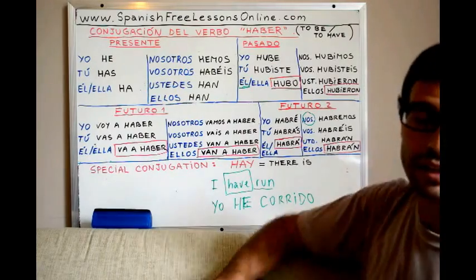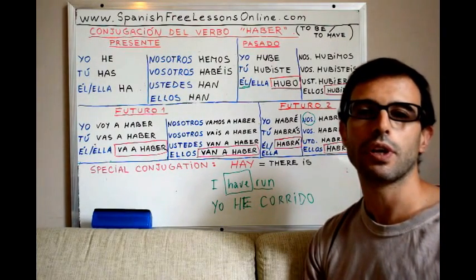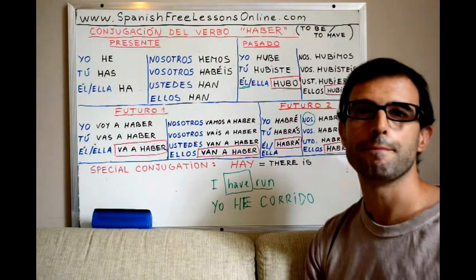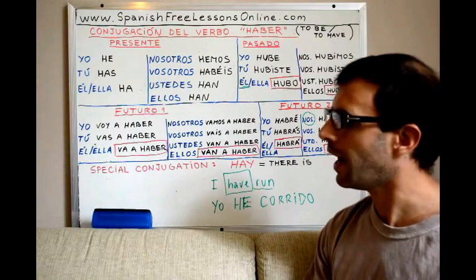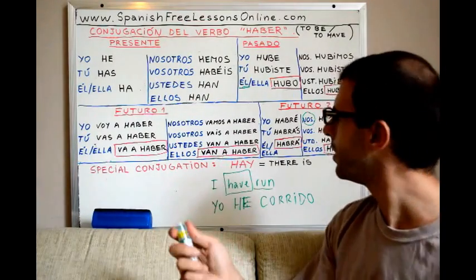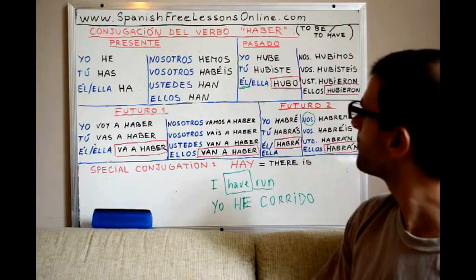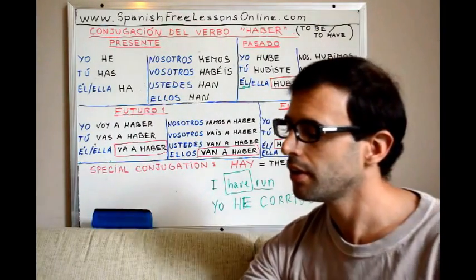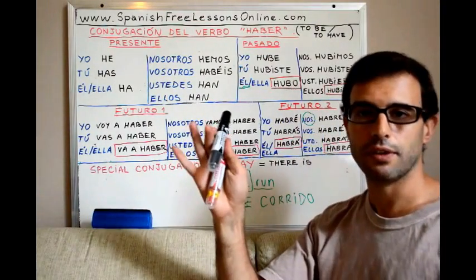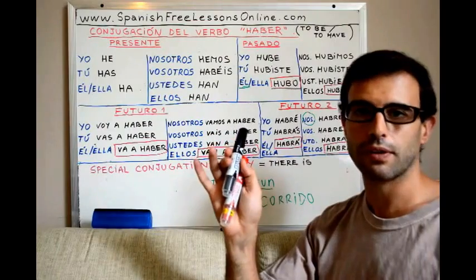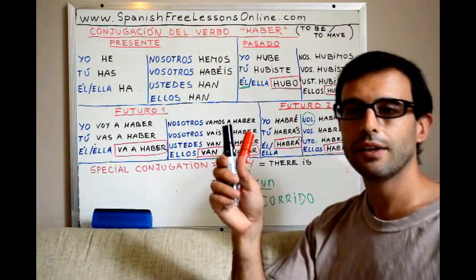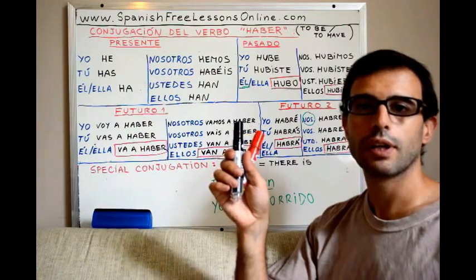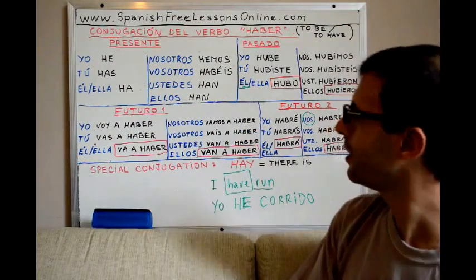But if I want to say, there are two pens here, right? There are two pens. In Spanish I would say hay dos lapiceras. Okay?